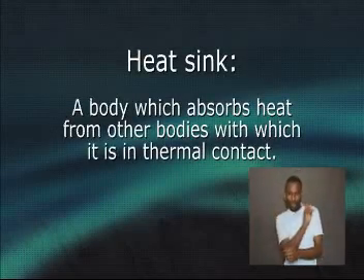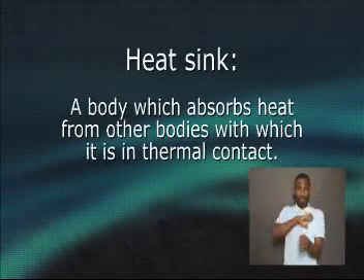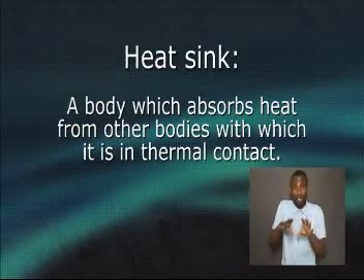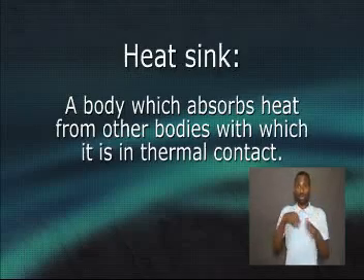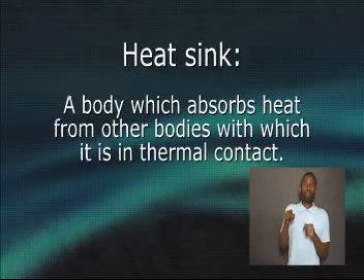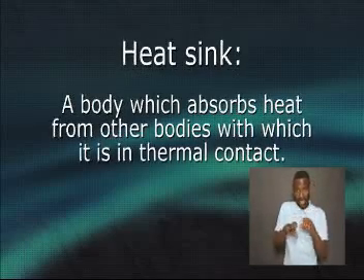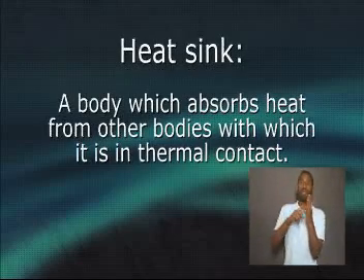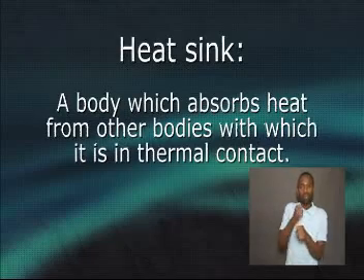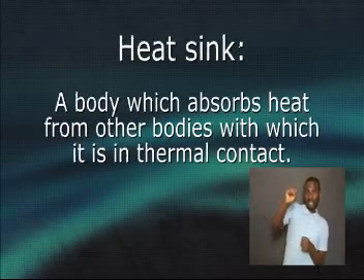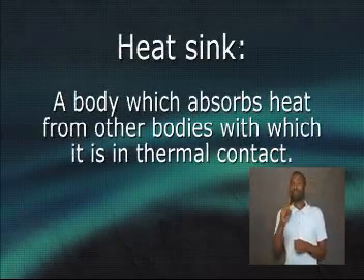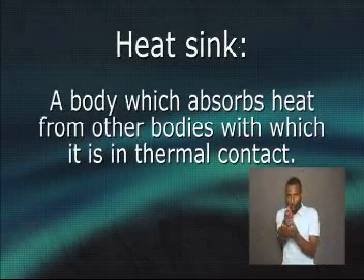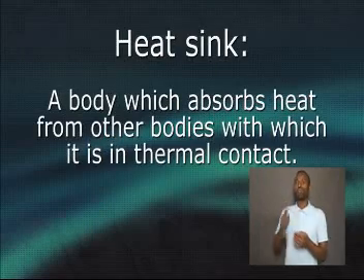However, if a small amount of energy is allowed to flow into a colder body, it is possible to offset the decrease in entropy of the system. This is accomplished by using a heat sink, which is defined as a body which absorbs heat from other bodies with which it is in thermal contact.